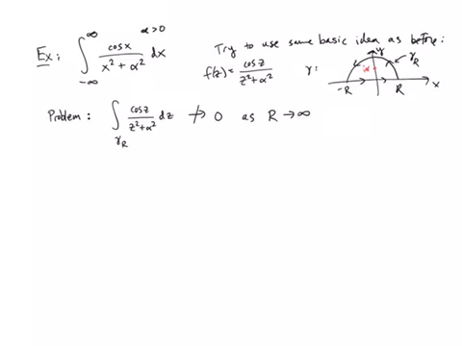So this is basically because cosine of z is exponentially large along the imaginary axis, in the imaginary direction.